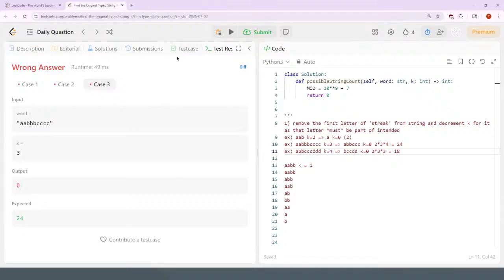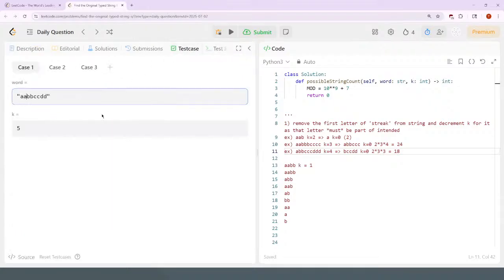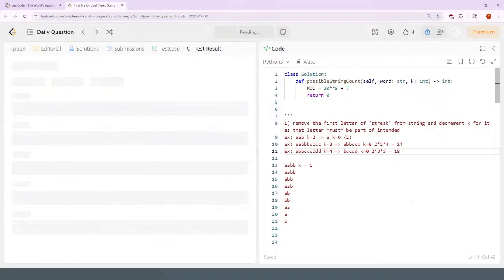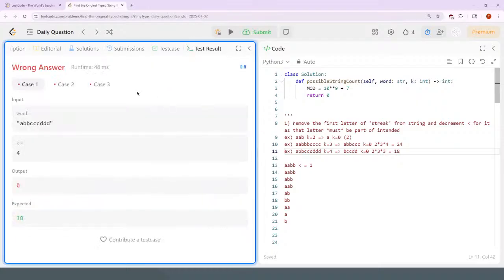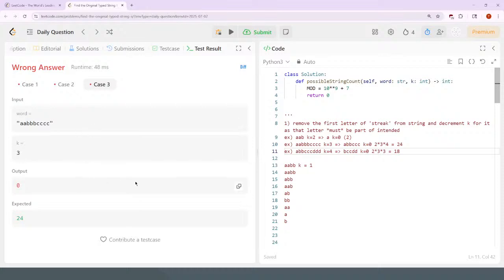And just to test case that, so single A, 2 B's, 3 C's, 3 D's, and 4. I multiply this wrong.